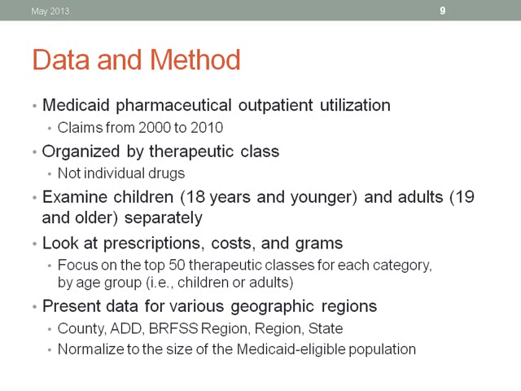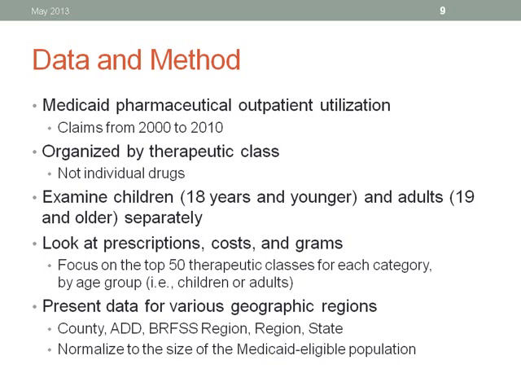Whether you're looking at the top 50 by number of prescriptions written by therapeutic class, or the total number of grams, or the cost, if you look at the top 50 for either children or adults, you're getting the lion's share of each of the records in each of those categories. I have some numbers later in the presentation, but it's generally over 80%, and in terms of the numbers of prescriptions for both children and adults, it's 96, 97%. So with the top 50, we're getting most of the action.